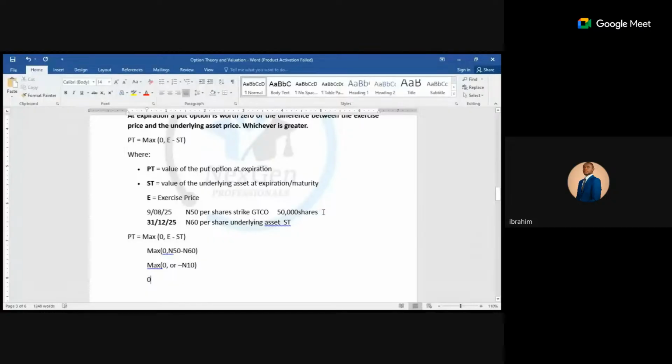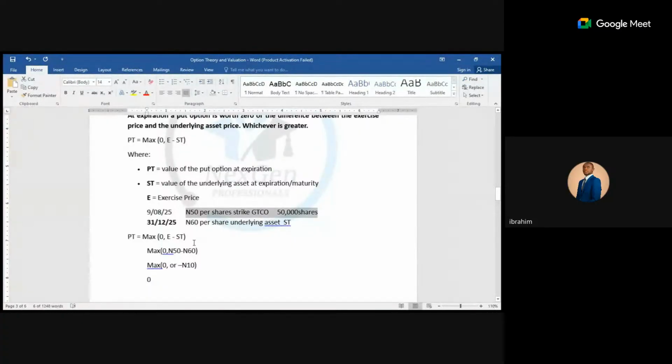You said you enter into an agreement that you want to sell your 50,000 shares at the stated price, at today's price, which is 50, in the future date or at future dates.